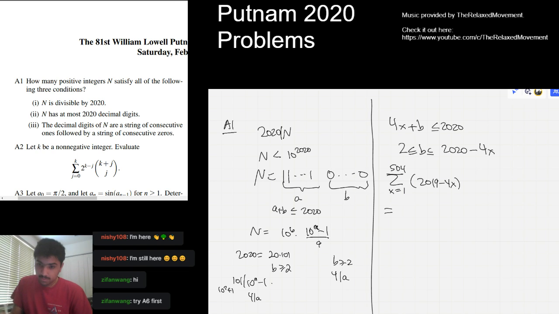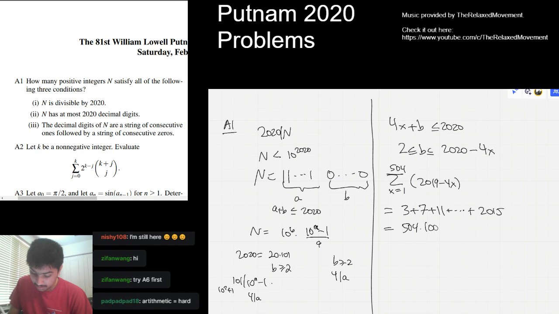So with 504, this is like 3 plus 7 plus 11 till 2015. How many terms are there? There's 504 terms, and the average is like 1009. So it should be this.